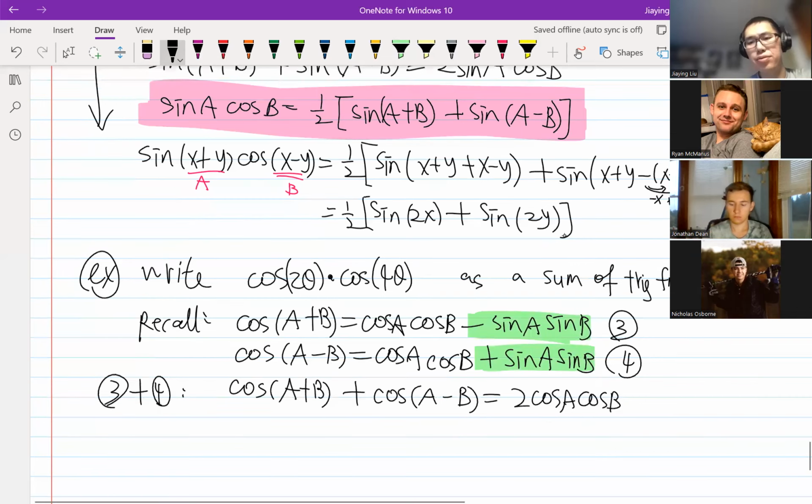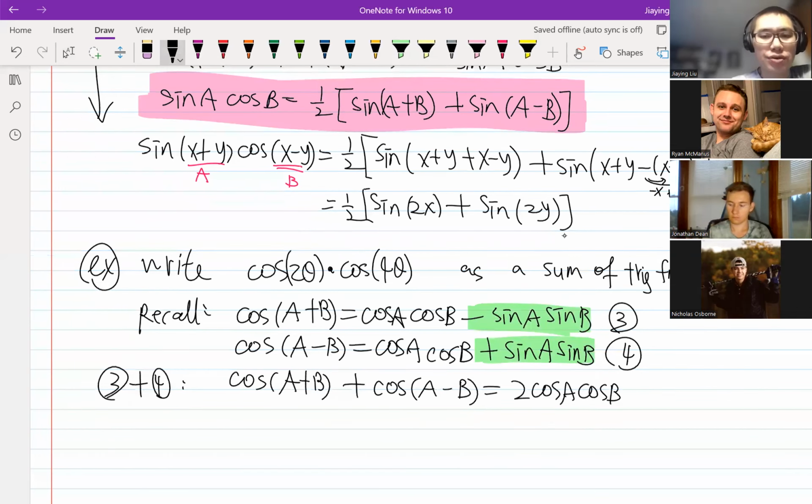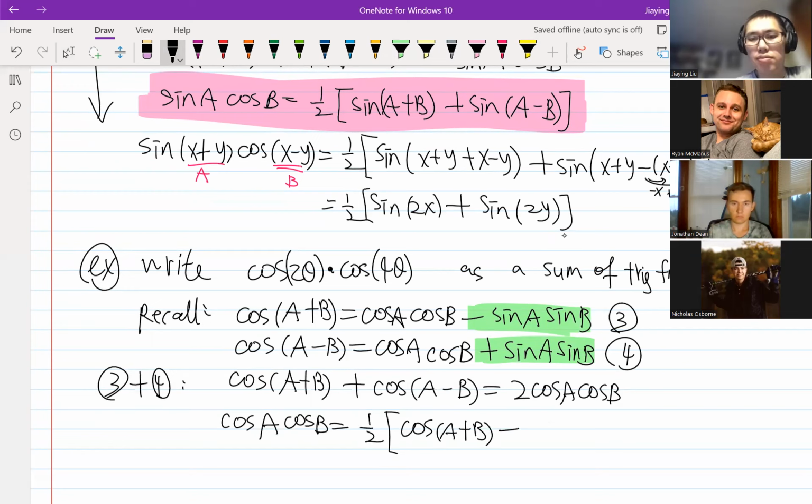Now I'm going to divide by 2 or multiply by half. So I get cosine A cosine B equals 1/2 times the terms on the left, cosine A plus B plus cosine A minus B.